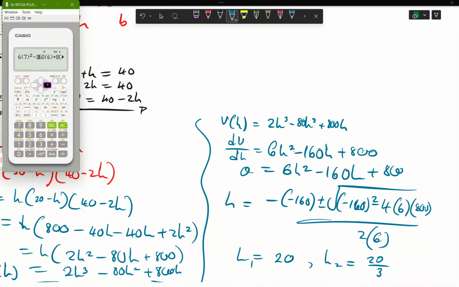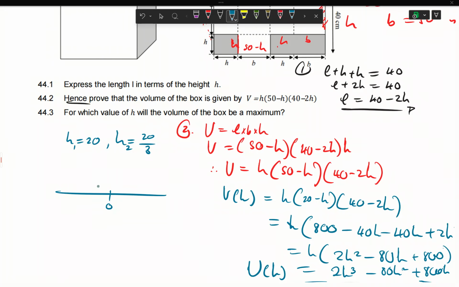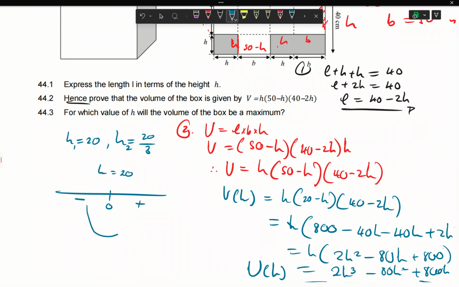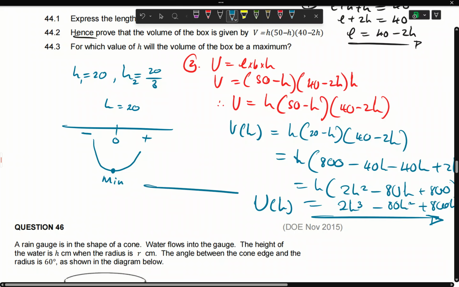It's going to give you a maximum, guys. Because for h equal to 20, this gave you a negative and then positive. So you have 0 here, and this gives you a minimum.